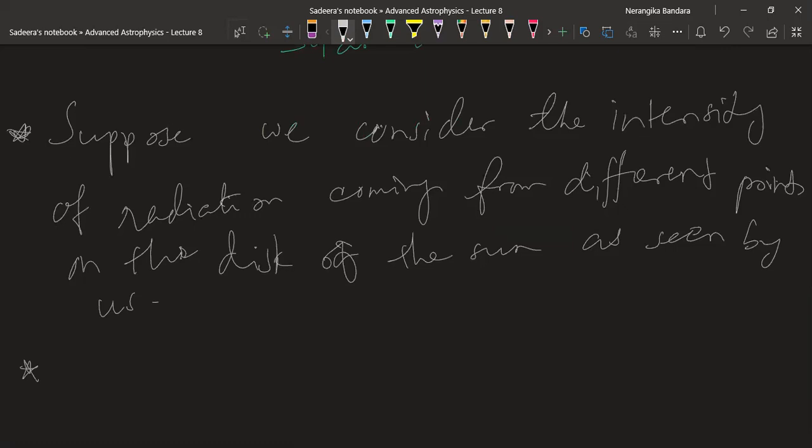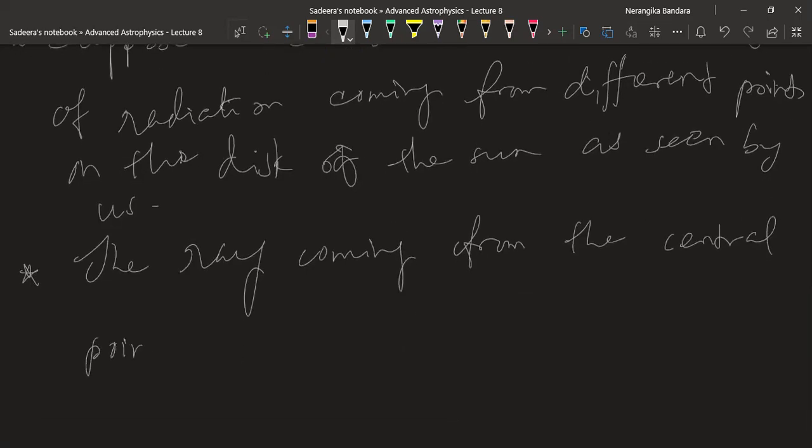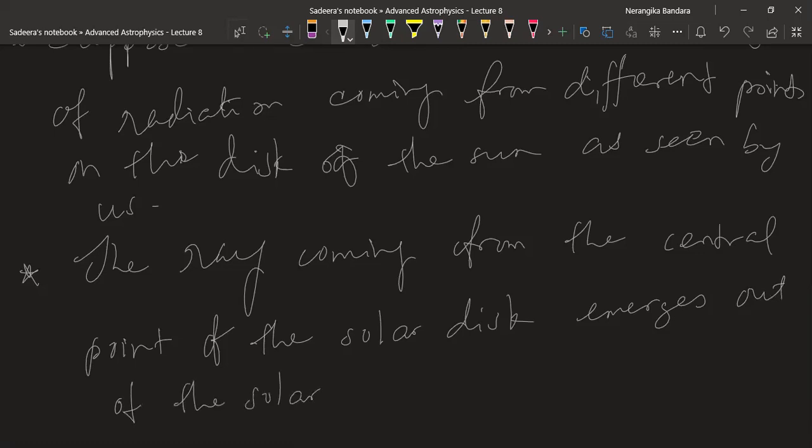The next point would be the ray coming from the central point of the solar disk, which emerges out of the solar surface in the vertical direction.